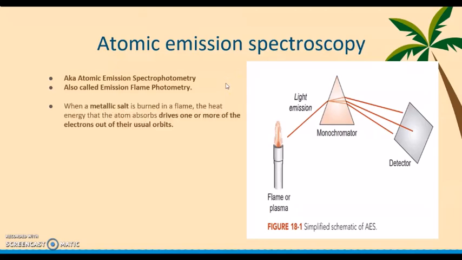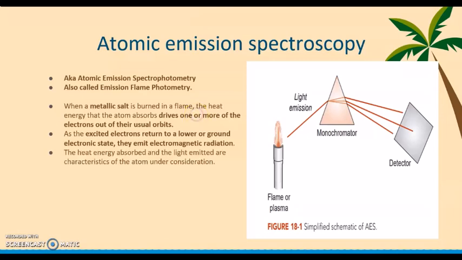So, kung ano po ang nangyayari, unang-una, yung ating pong metallic salt, okay, kapag ito ay na-ignite making use of a flame, it will be excited. Ayan, so this will make the electrons more excited, thus they will go out of their orbits. As the excited electrons return to the lower ground, they emit electromagnetic radiation.